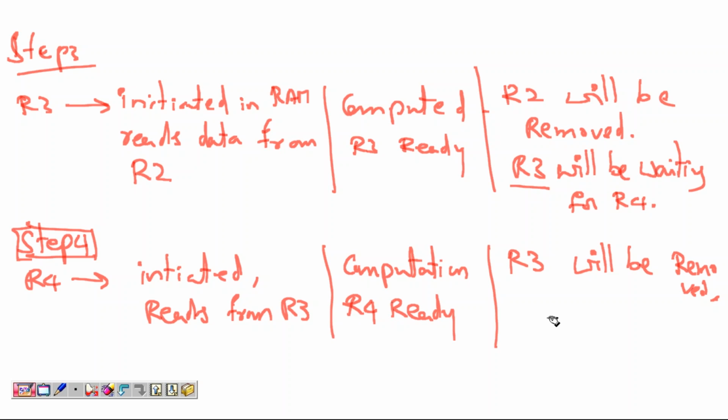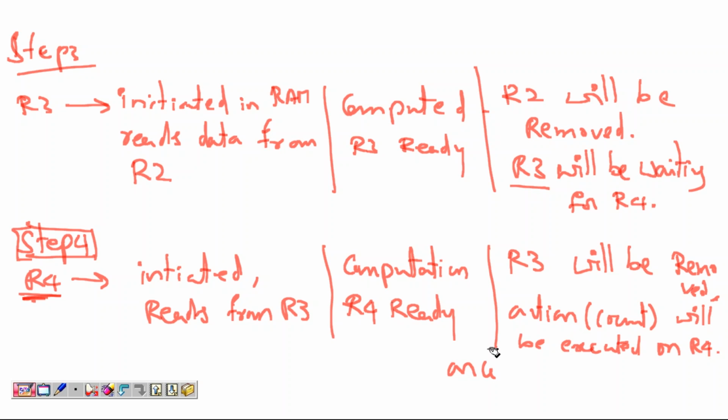Now R4 need not wait for anything, because R4 is the last step of your data flow. Then the action will be performed. What action? Count: in the results, how many records are there. The action is executed on R4. Once results are collected, R4 will also be removed.